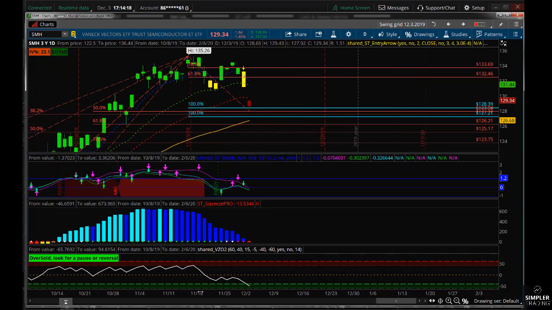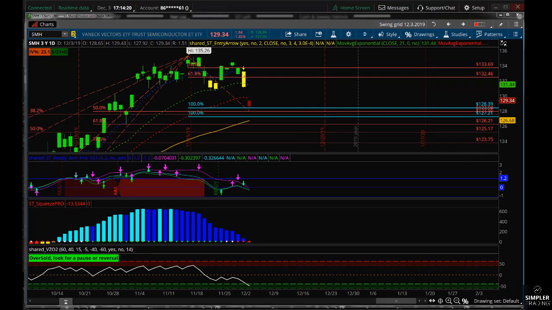So typically what I do in that instance is I start building a position when the first area of support holds, and if in fact it does break and find a lower level, then I just continue to scale in. So for example, starting off with a third of a position right here at this first level of support, and then if we get another down day in the market and it falls down to 126, then add another third.